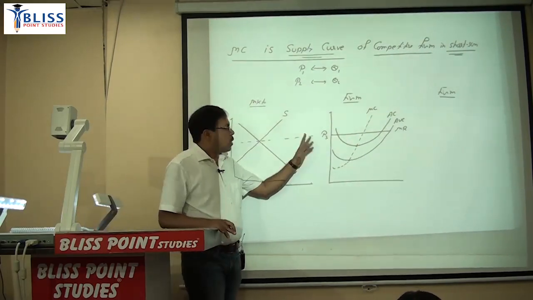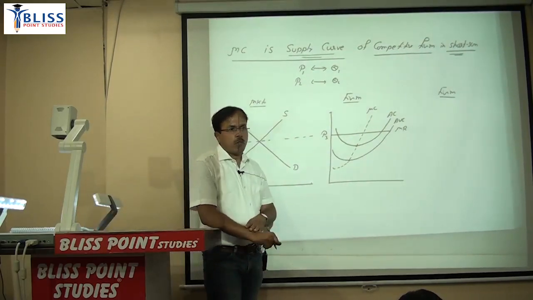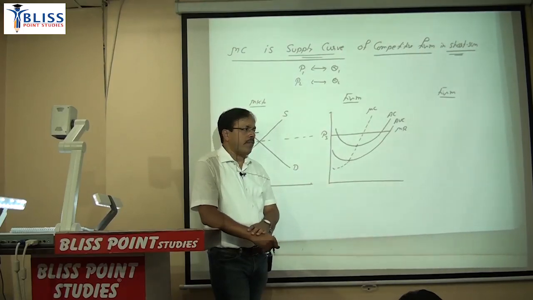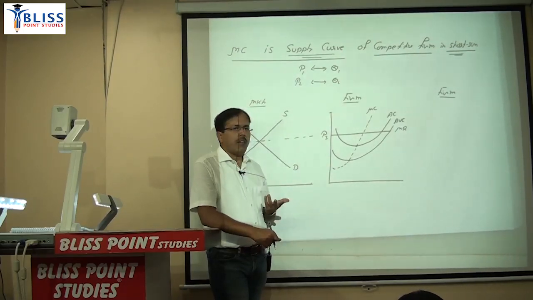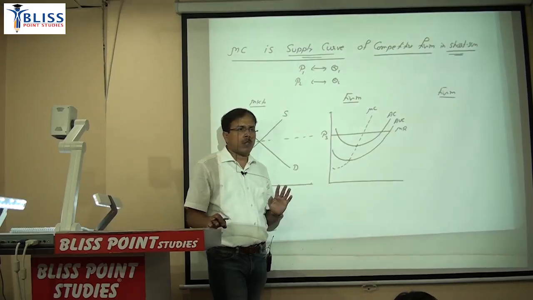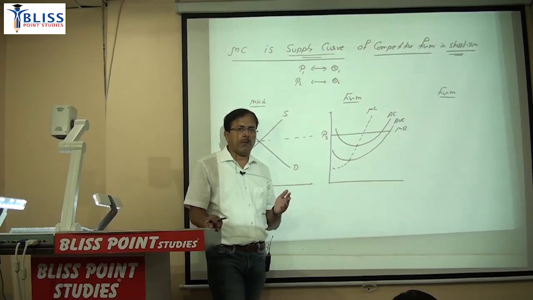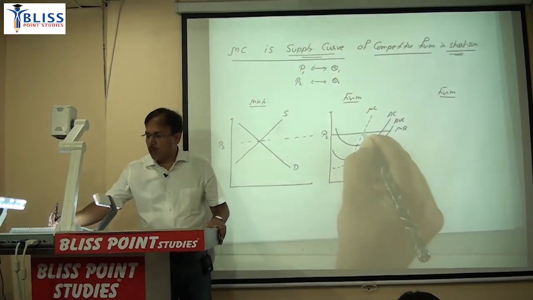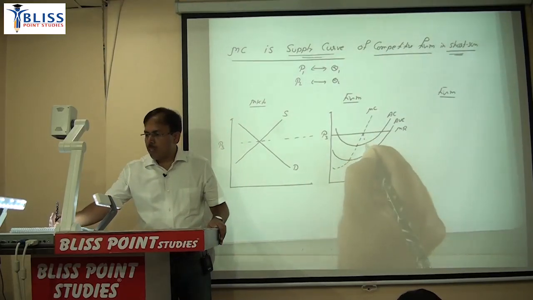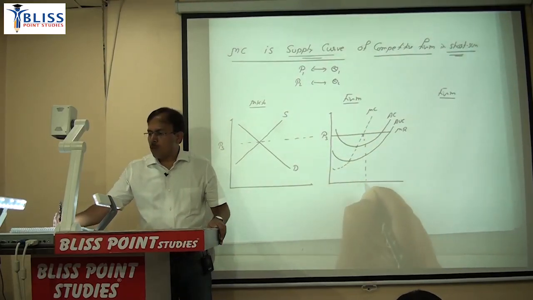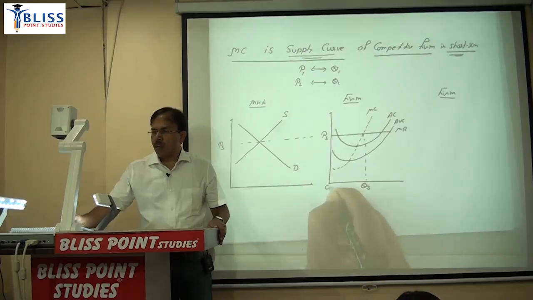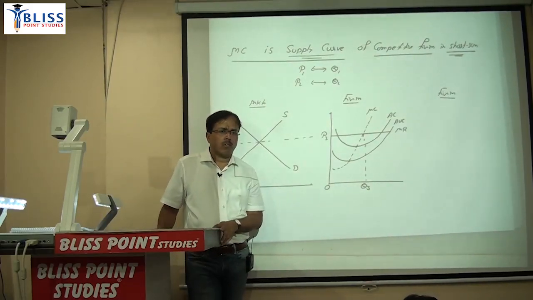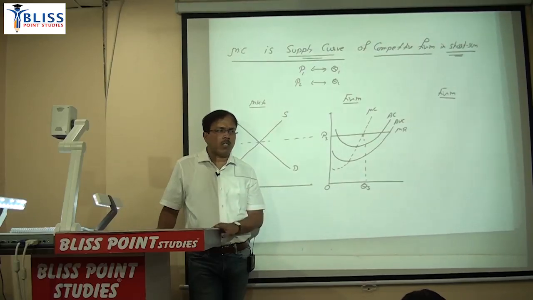So if price is P3, how much quantity firm will produce? Firm's behavior is rational. Firm will always try to maximize the profit, and profit will get maximized where MR is equal to MC. So at price P3, firm will produce quantity Q3. Firm is having profit or loss? जो कंसेप्ट अभी तक कर रखा अप्लाई करते जाओ, जरा स्पीड अप बढ़ा लीजिएगा.